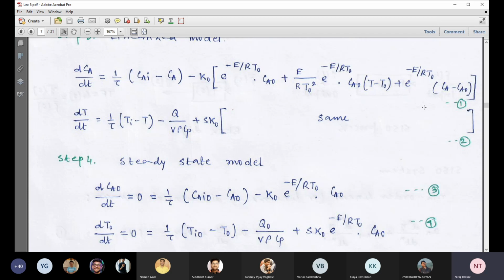Equations 3 and 4, are they matching? Can anyone confirm? Yes, sir. Okay.